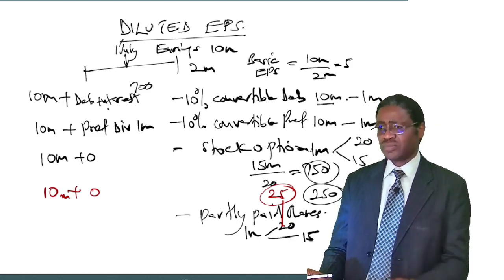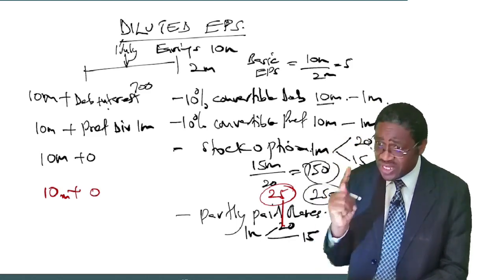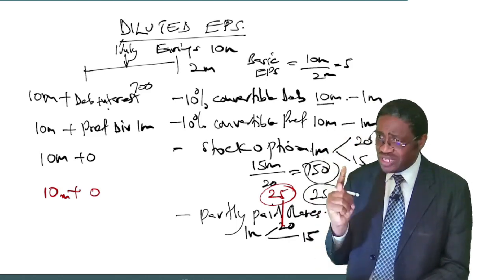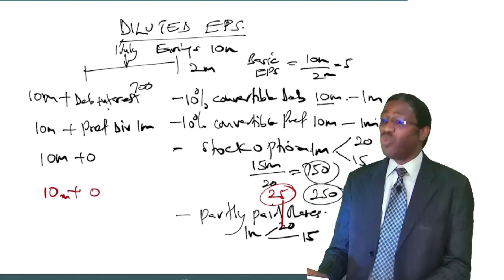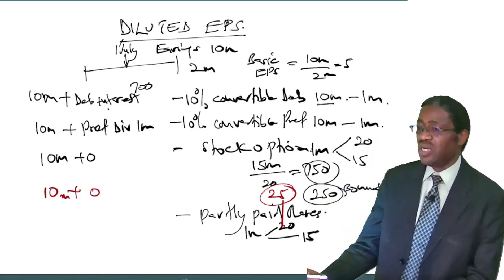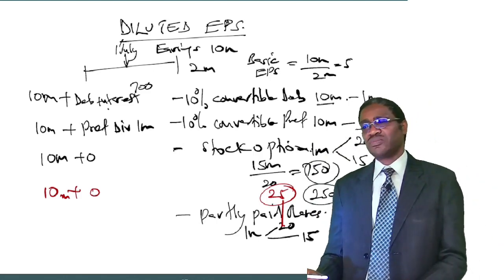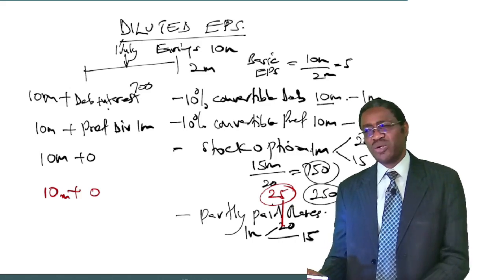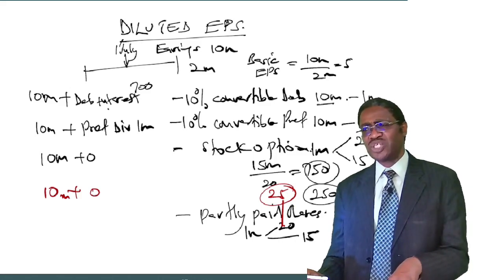But again, to the number of shares used for basic EPS, which in our illustration is 2 million, what do you add? Do you add the 1 million partly paid shares?